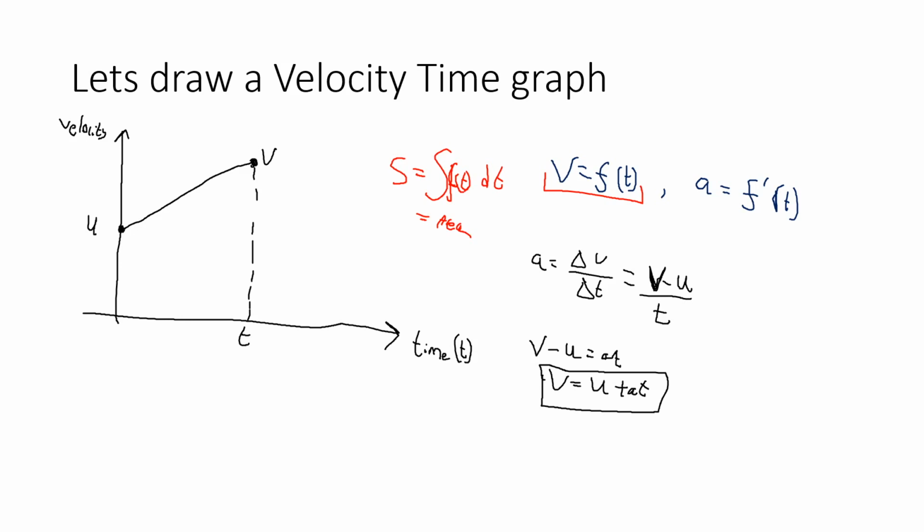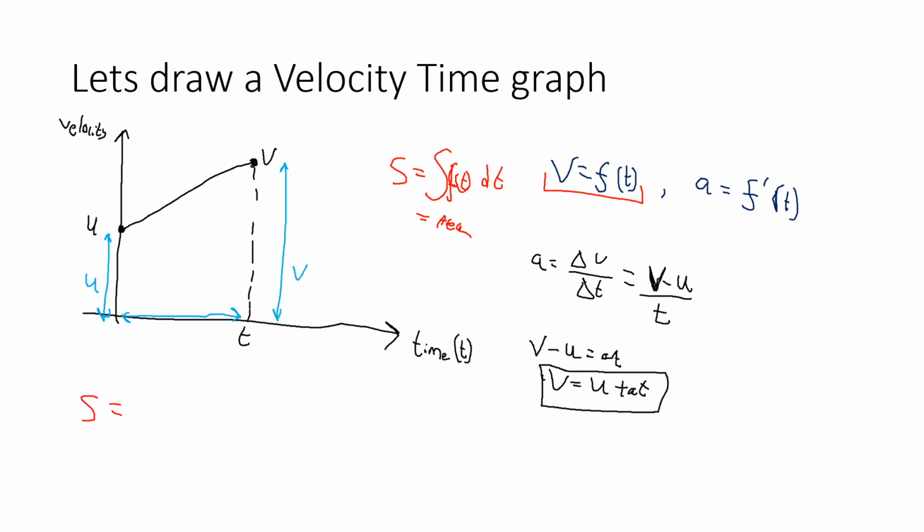The area s is equal to, well, let's take a look. It's a trapezium. So this is u, and this is v, and we know that this is t.